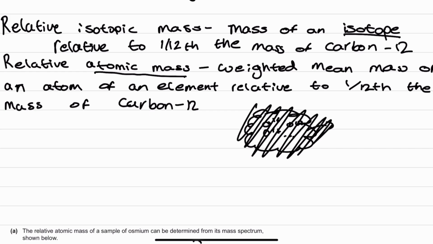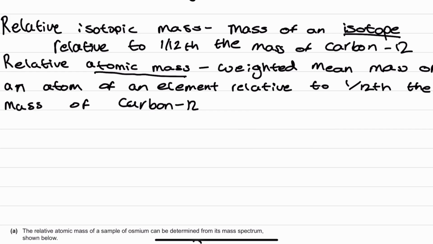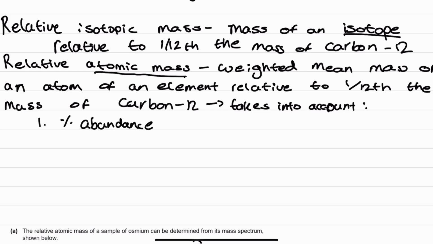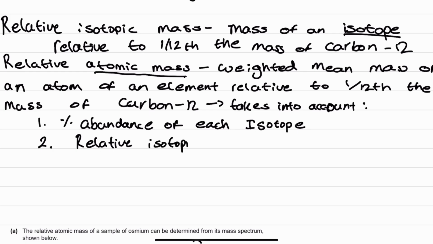And we have to work out how we figure out the relative atomic mass. Now, the relative atomic mass takes into consideration two things. First one being the percentage abundance of each isotope. And the second one being the relative isotopic mass of each isotope.